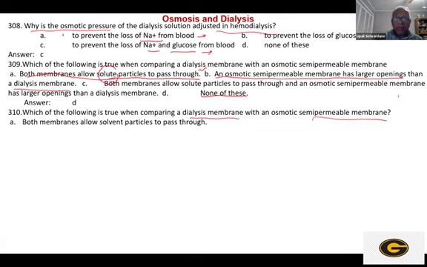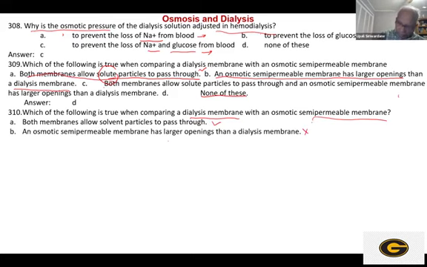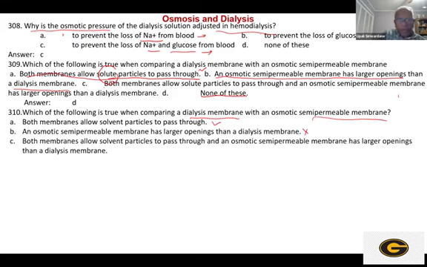Therefore, all are not true. Problem 310: both membranes pass through, I'm not sure about this. An osmotic membrane has larger opening, I'm not sure about that. A should be the correct answer.